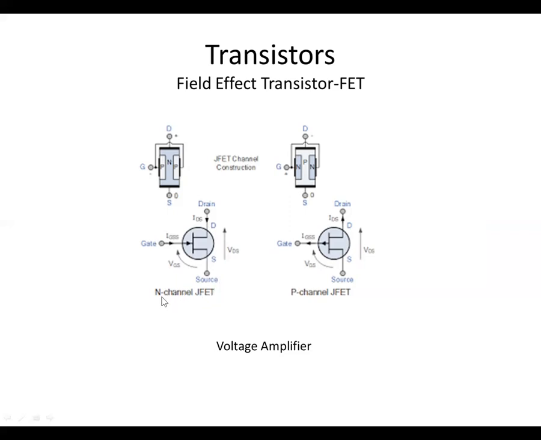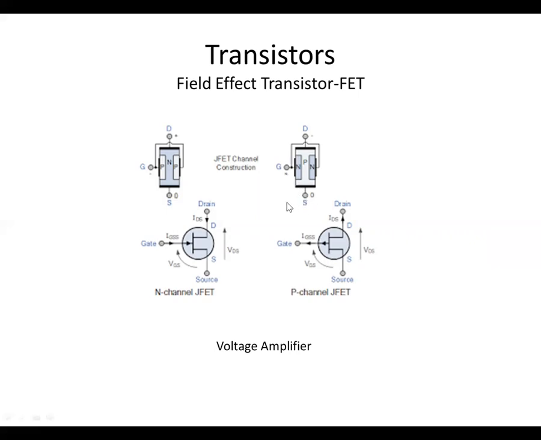And you have an N-channel JFET, junction field effect transistor, and a P-channel JFET. And that is the type of semiconductor material that's doped either positively or negatively.